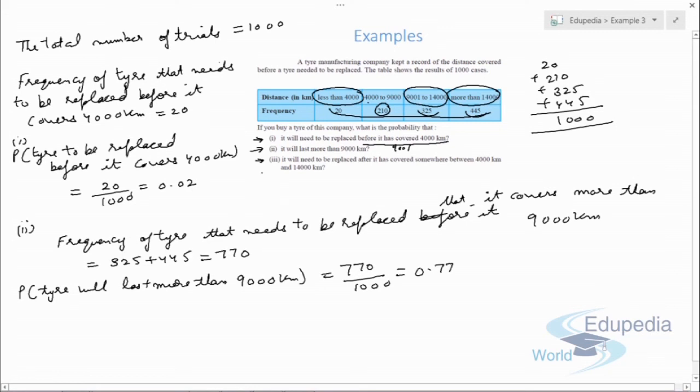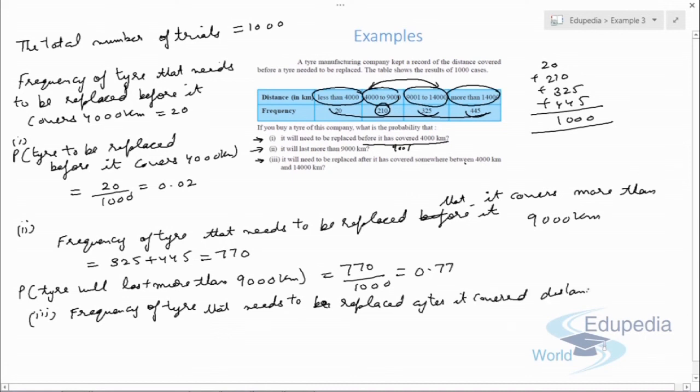Now the last and third part is that it will need to be replaced after it has covered somewhere between 4000 to 14000 kilometers. So this is 4000 to 9000 and this is 9001 to 14000. This means the tire frequency should come from these two data. First of all, for the third part, we need to find the frequency of tires that need to be replaced after covering a distance between 4000 to 14000 kilometers.